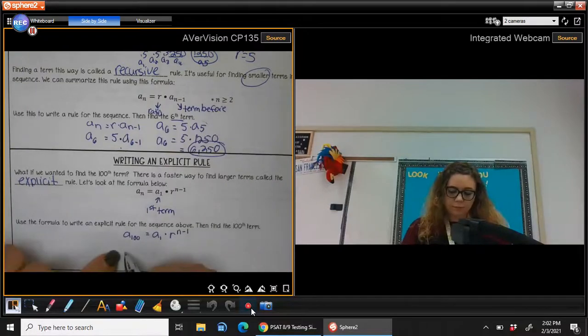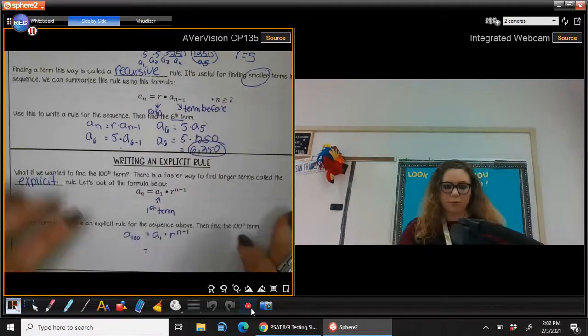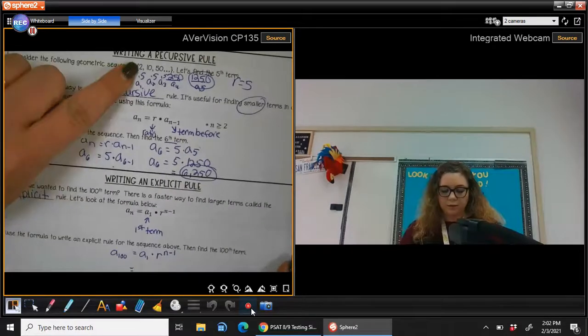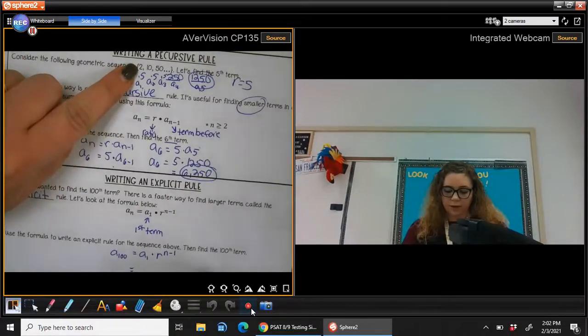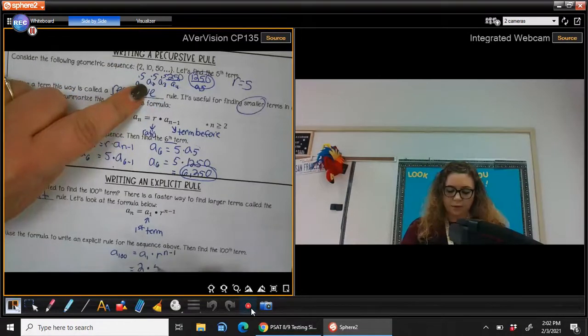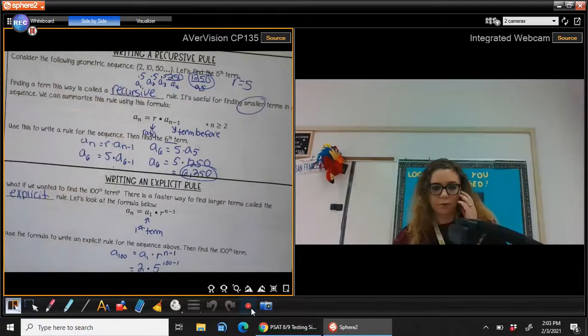My first term in the sequence above, let me pull it down so you can see, is 2. So I'm going to put 2 in for a_1 times my ratio. Why am I multiplying by 5? Raised to the n minus 1. So 100 minus 1 is going to give me 99. Put that in the calculator.